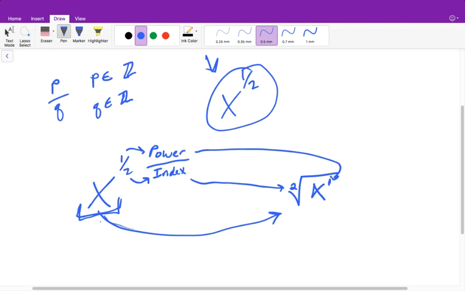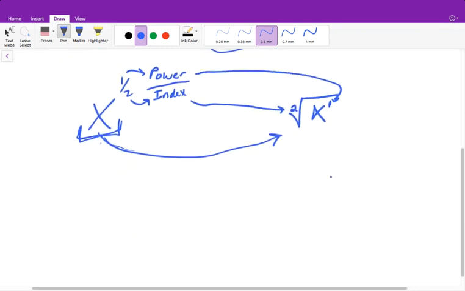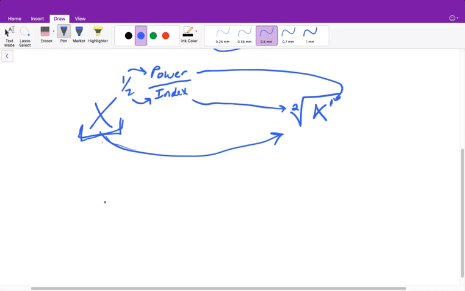And something that is important for you to be able to do because it helps with simplifying some of the problems, and it makes them a little bit easier down the road, right? So just remember, one more time. So if we have x to the 1/3 power, what this is saying is it's our power over our index.